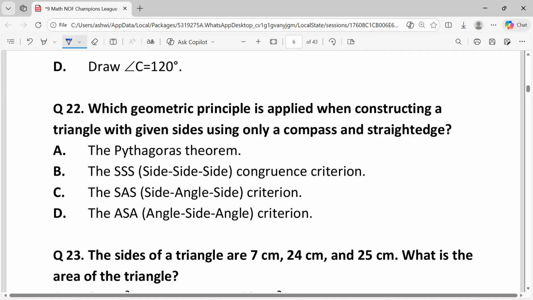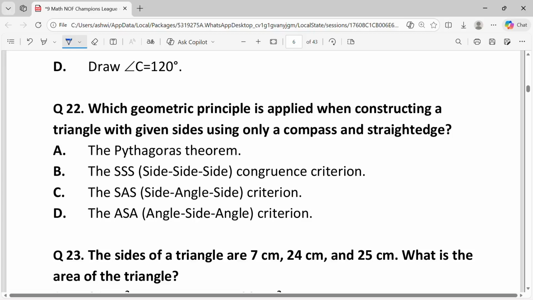Question 22. Which geometric principle is applied when constructing a triangle with given sides using only a compass and straight edge? Constructing a triangle using only a compass and a straight edge with all three side lengths given, SSS, involves drawing arcs from the endpoints of the base with radii equal to the other two sides.